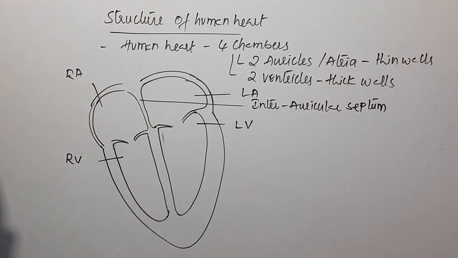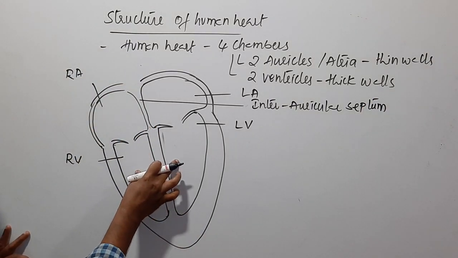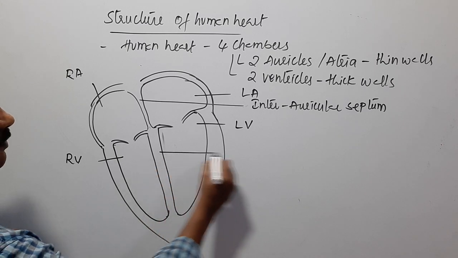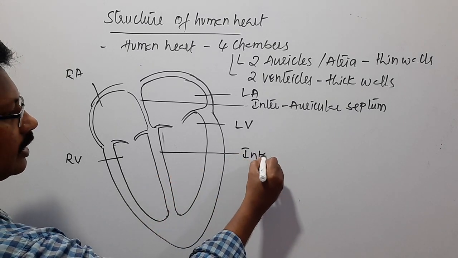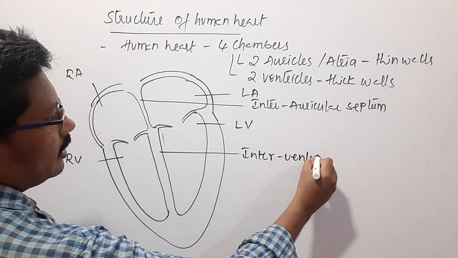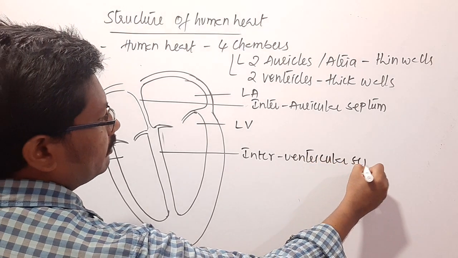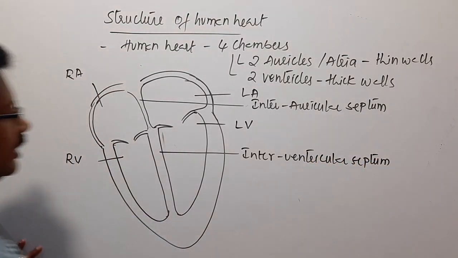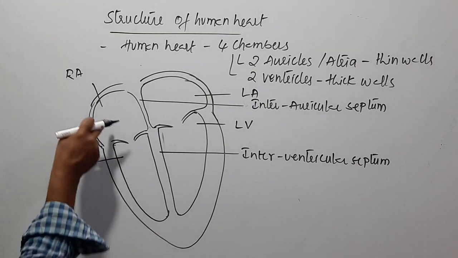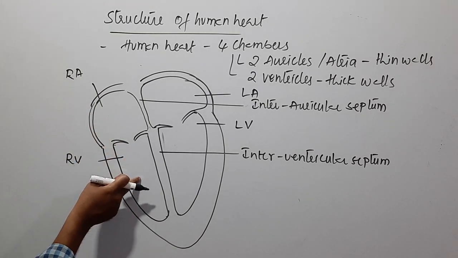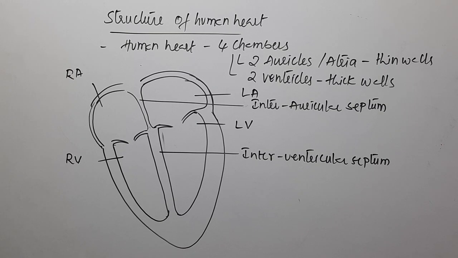Similarly, separating the two ventricles we have the interventricular septum. And separating the auricles and ventricles, we have the auriculoventricular septum.